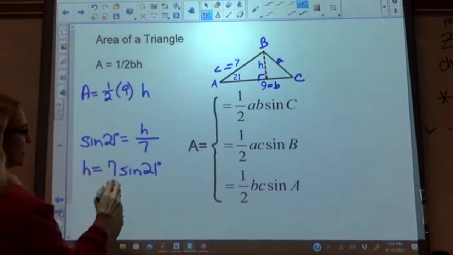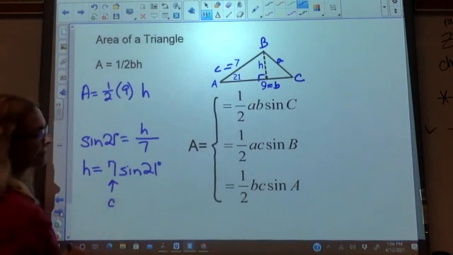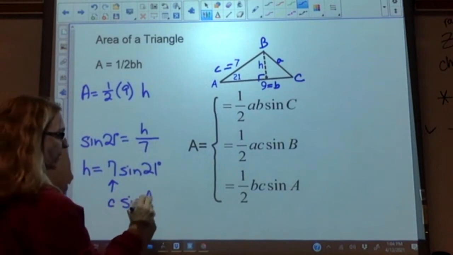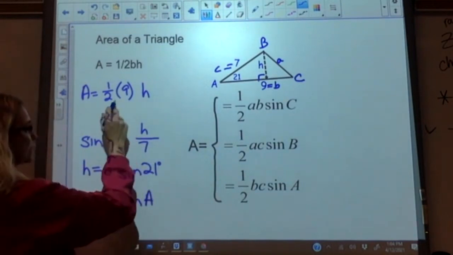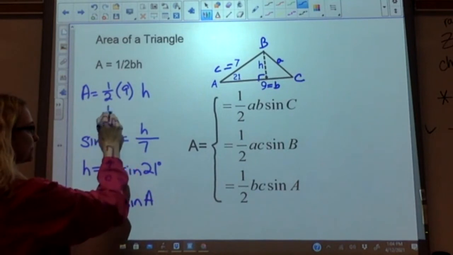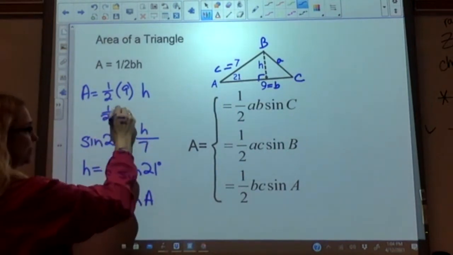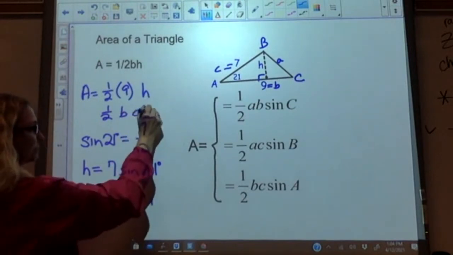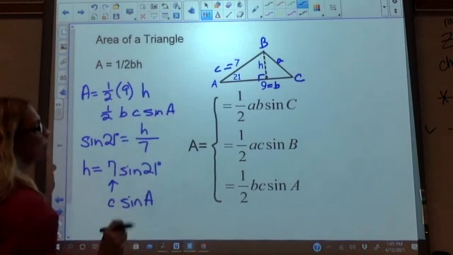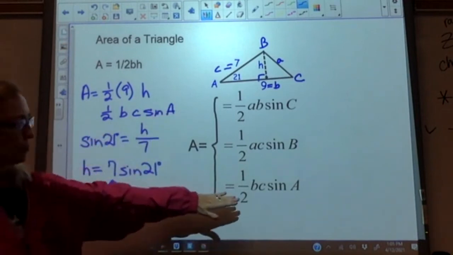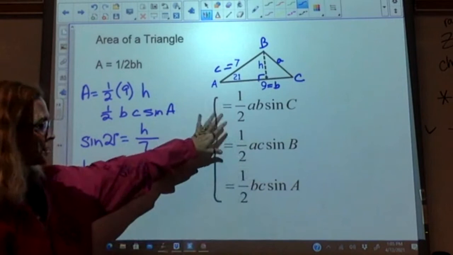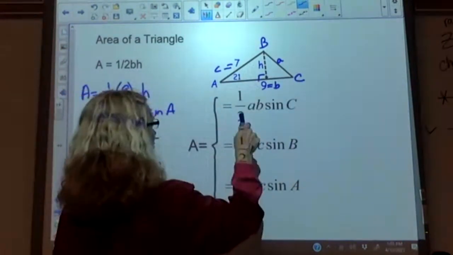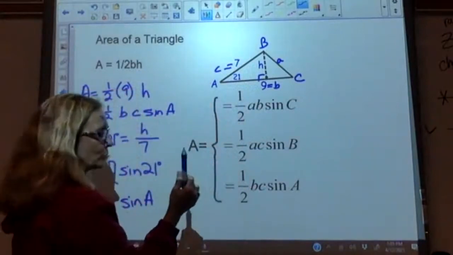So 7 is the same thing as side C, and sine 21 degrees is angle A. And so this is 1/2 times side B times the height, which is C times sine of A. And that is this formula here. This is the way mathematicians came up with this formula. That way you don't have to do it in two separate steps; you're just combining it all into one formula.